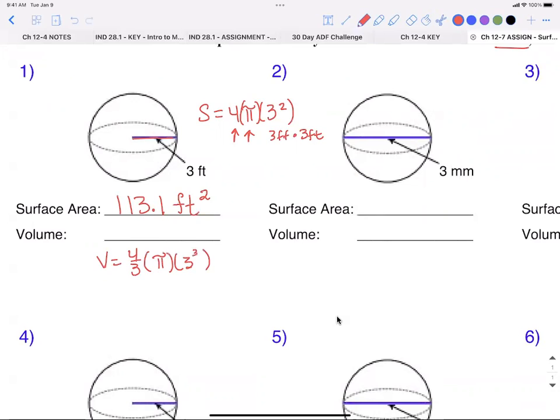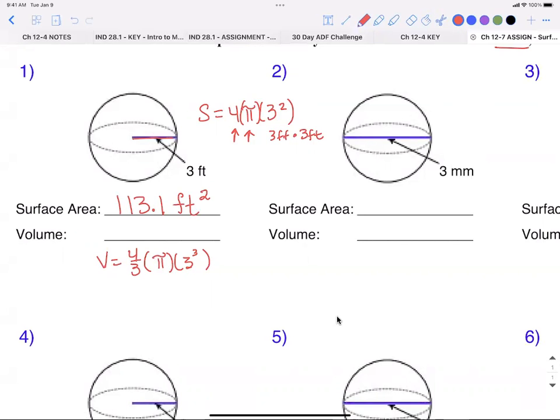So 4 divided by 3 equals, then hit times pi times 3 times 3 times 3, and hit equals. And Jackson, what'd you get?